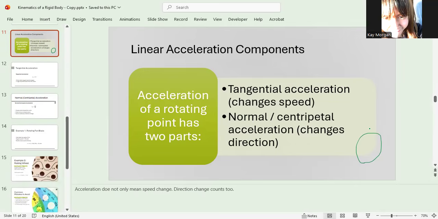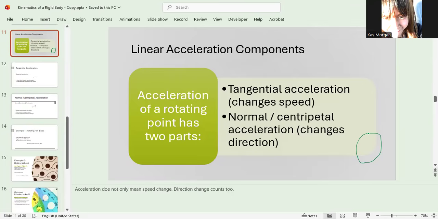That acceleration has two different parts going on. The first part is the linear one, which we call tangential acceleration, and the other one is centripetal acceleration. The tangential acceleration is completely responsible for the changing speed of that point.